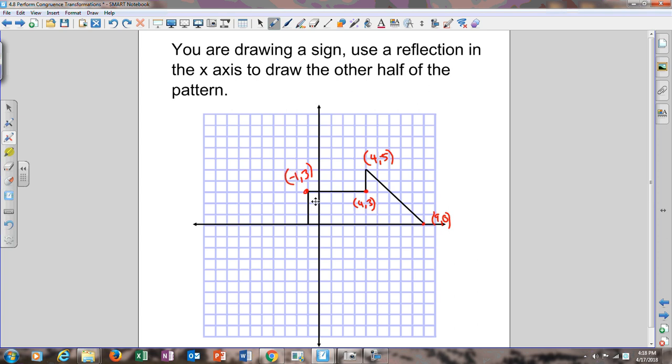So whenever we are doing a reflection across the x-axis, remember we multiply the y by a -1. So if this was -1, 3, it's now -1, -3. This one's going to be 4, -3.